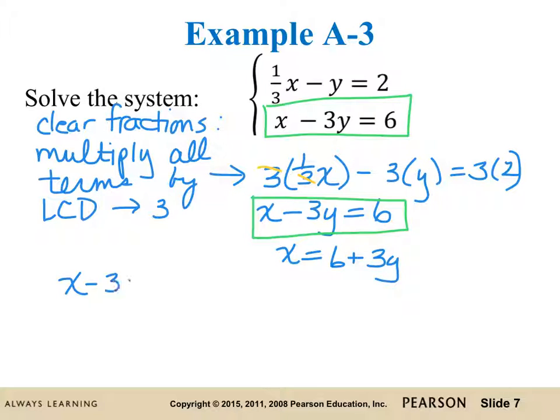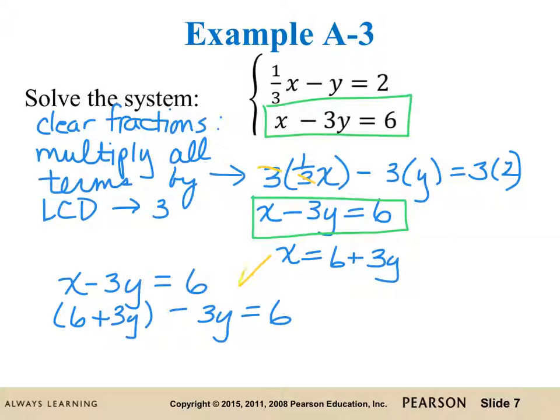x minus 3y equals 6, and x is equal to 6 plus 3y minus 3y equals 6. When we complete our substitution, we have 6 plus 3y minus 3y equals 6. And of course, once again, 3y minus 3y cancels out.